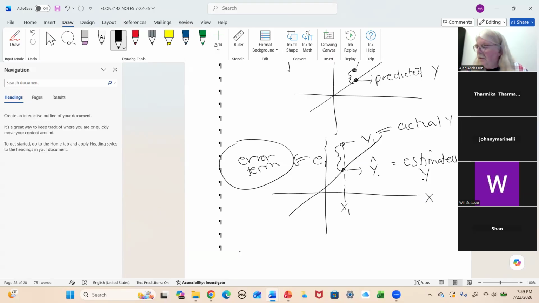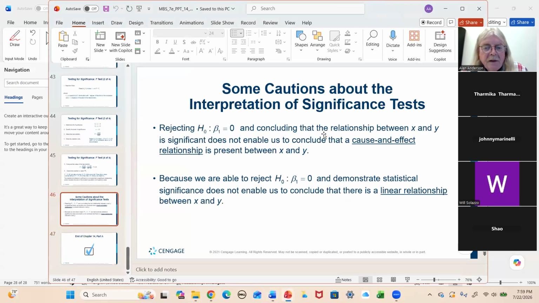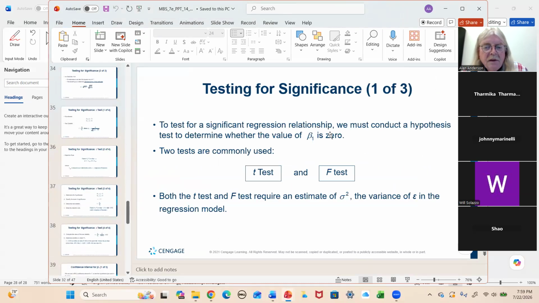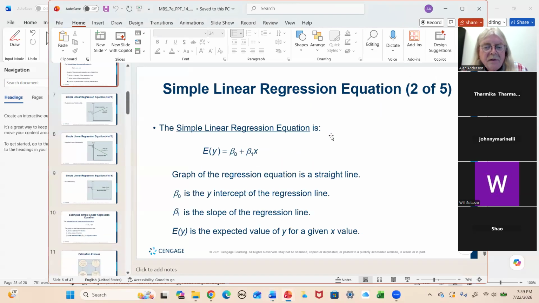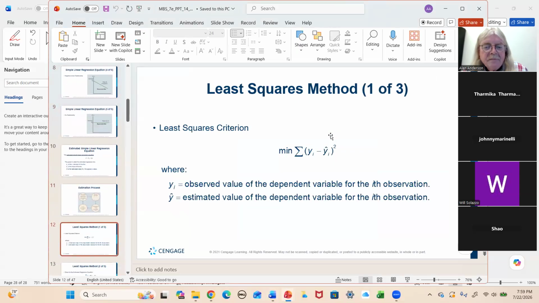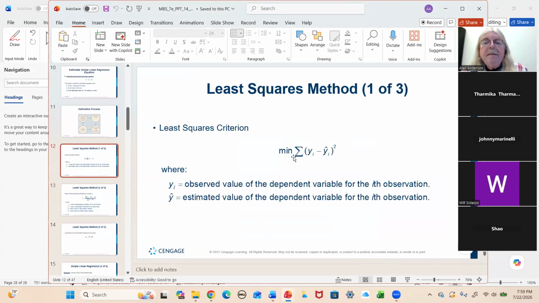The properties of the error terms can actually give us a lot of insights into what we're doing, especially whether our assumptions are being met. Okay, let's get back up here. But anyway, the min means minimum.